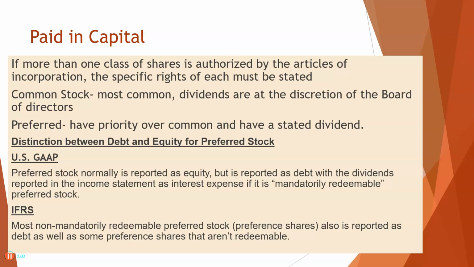Now, under the international standard, most non-mandatory redeemable preferred stock is reported as debt, as well as some preference shares that aren't redeemable. So, under the international standard, that's what the IFRS is, they treat preferred stock as debt because of the dividend issue.